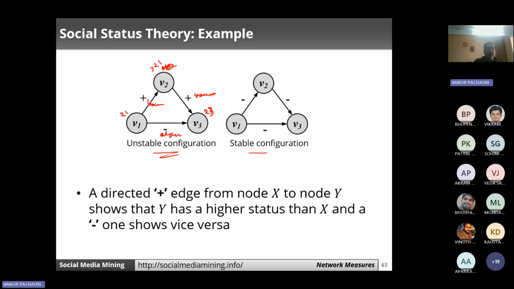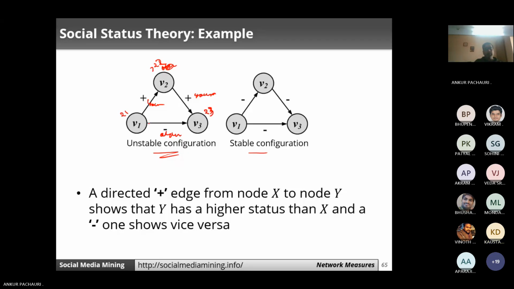Correct. So suppose, for example, his age is 22. Now V2 and V3 is plus. So that means V3 is 23, right? V2 is younger than V3. Suppose 23, so V1 is now 21 and V3 is 23. So definitely plus will be there itself.